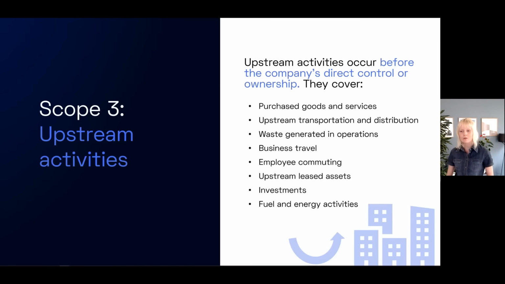So, for example, the delivery of the raw materials to your facilities. Then waste generated in operations and employees' business travels, for example, flights and hotel nights. Then employee commuting and upstream leased assets and investments. And then the last category here is the fuel and energy-related activities, which are not accounted for in scope 1.